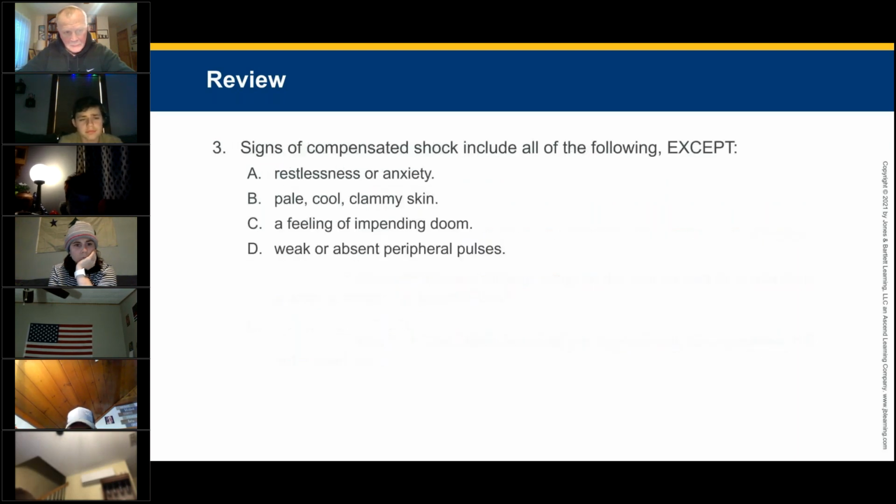Signs of compensated shock include all of the following except. Remember the differentiation between compensated and decompensated shock.